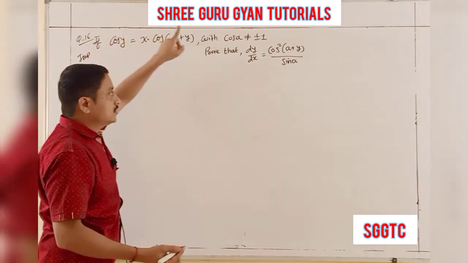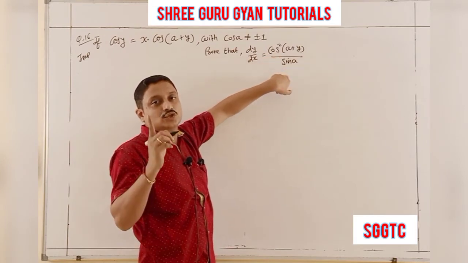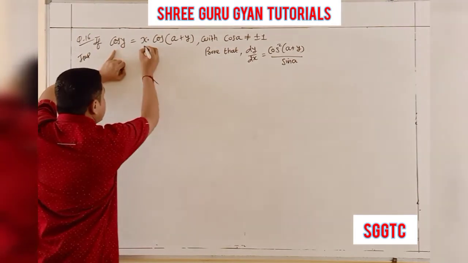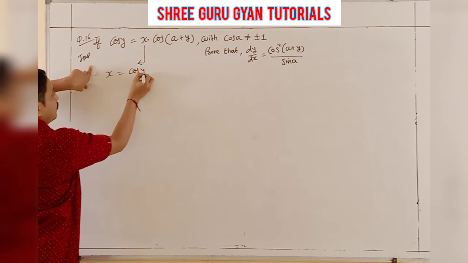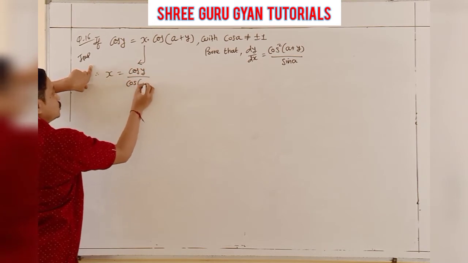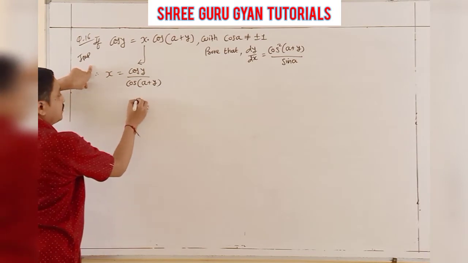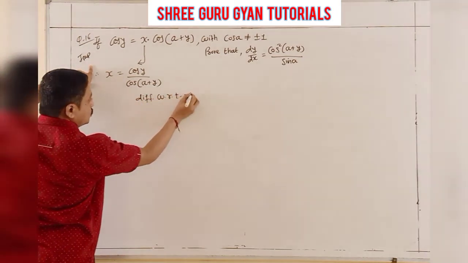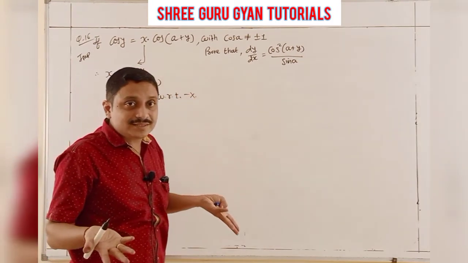Yes students, I want cos square (A plus y) by sin A. So necessarily, separate the y value to one side. So this x I just dissolve: x equals cos y upon cos of (A plus y). And here start differentiation with respect to x.